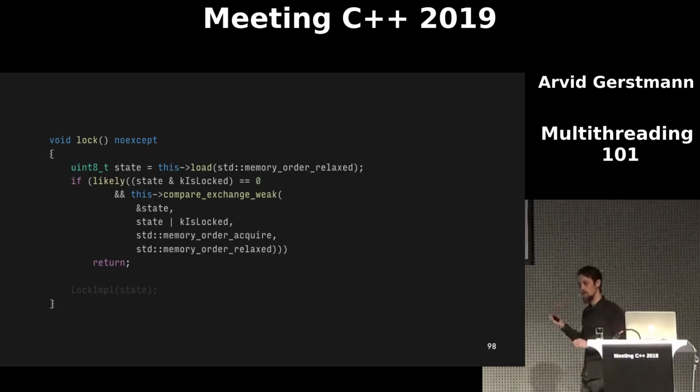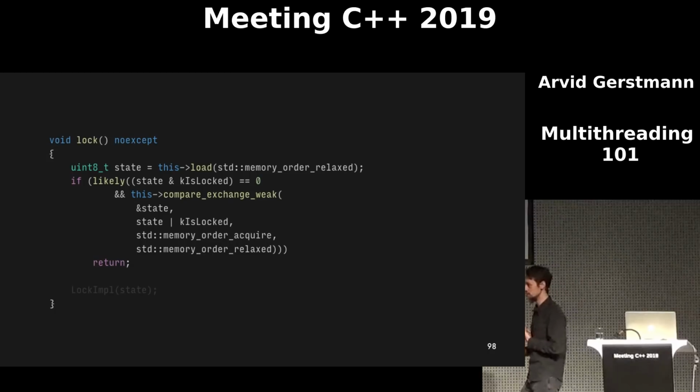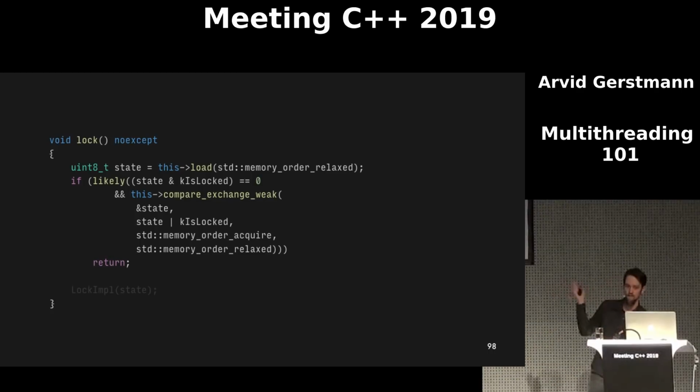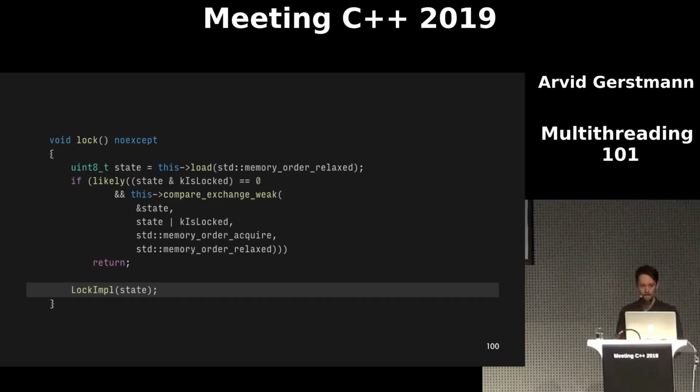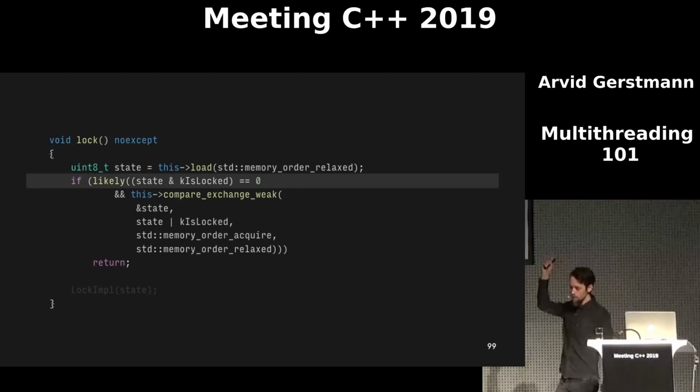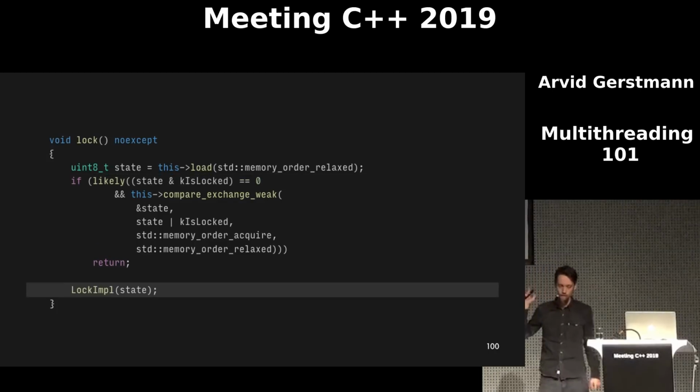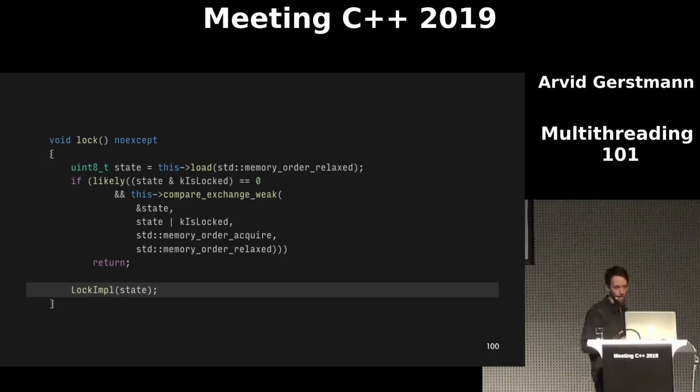This means we just acquired the lock without doing any calls to any system, to any kernel, or to our parking lot, or to anything else. This is all we need in the uncontended case, and it's incredibly fast. If locked, we fail here, and we go into the kernel.